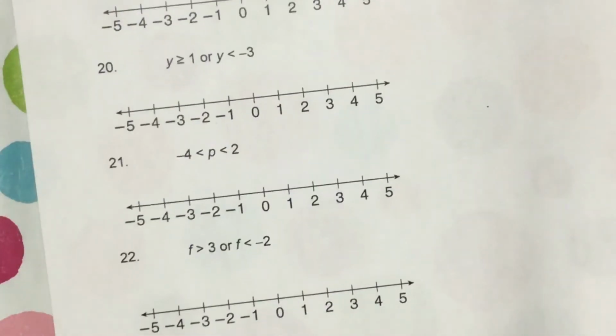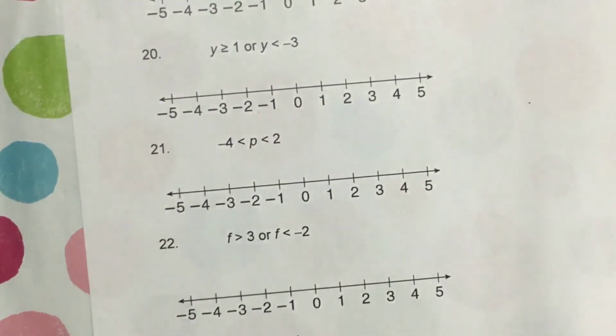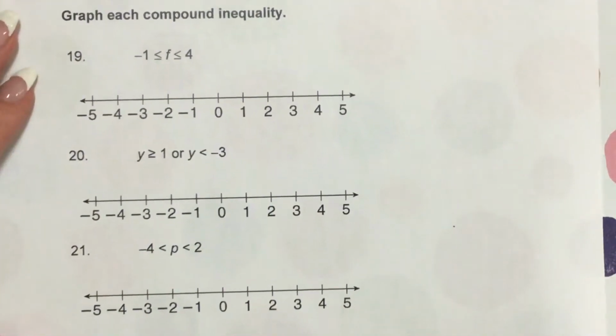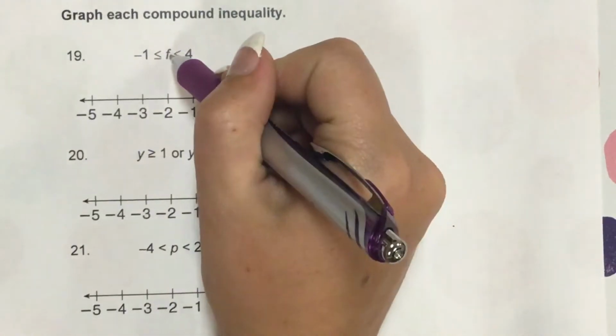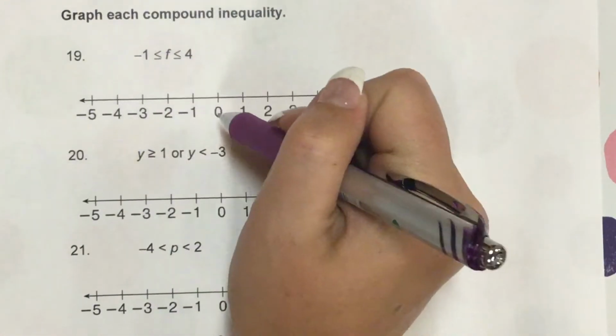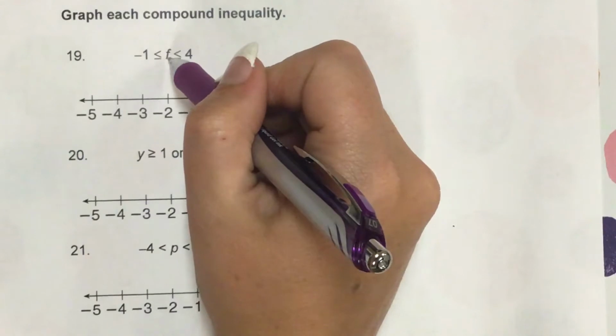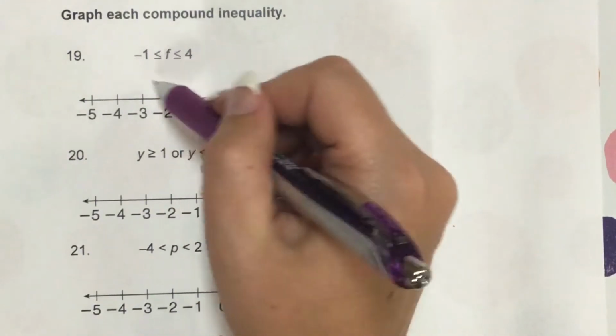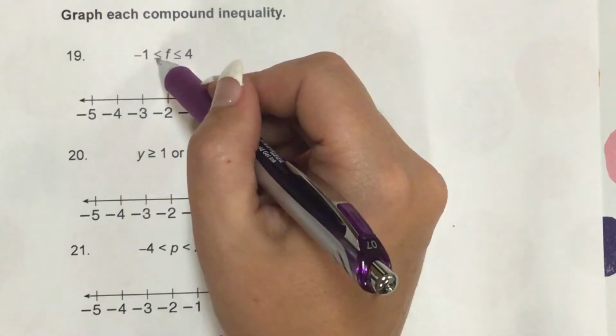Let's do 19 here. We're going to graph each compound inequality. We have f is greater than or equal to -1, and it is less than or equal to 4. So the first part, I'm going to do this first. f is greater than or equal to -1.